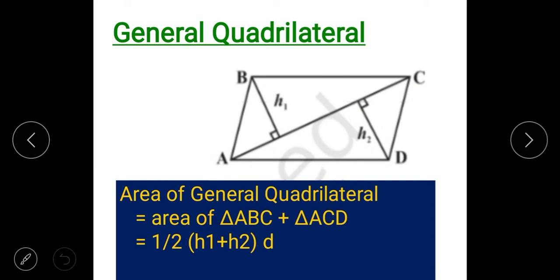So the area of general quadrilateral is half h1 plus h2 into D. D is the diagonal over here and h1 h2 are the perpendiculars on this diagonal from the opposite vertices.